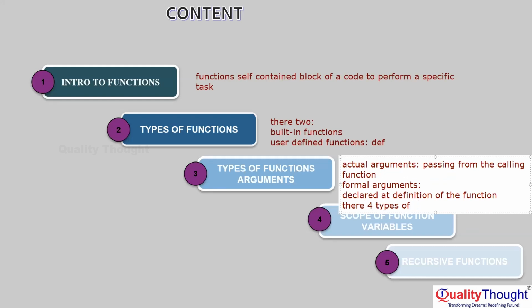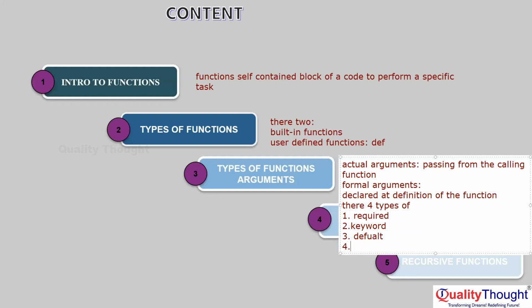One is required, second is keyword, third is default, and the fourth one is variable length.